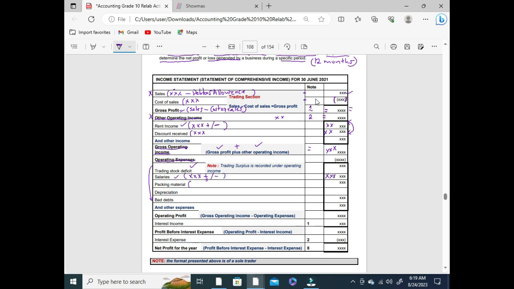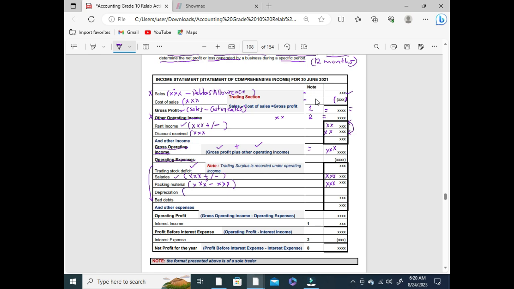And then same thing with packing materials, we are going to take our opening amount from our pre-adjustment trial balance, and then read the information, and then we subtract the packing materials that were on hand, and then we are going to have the final amount.